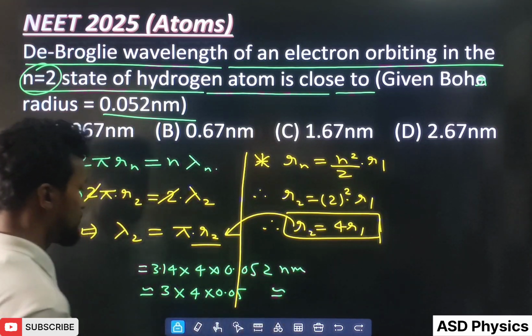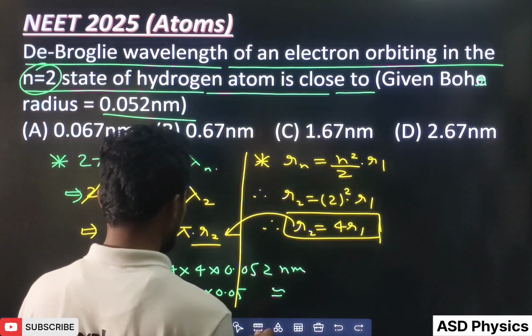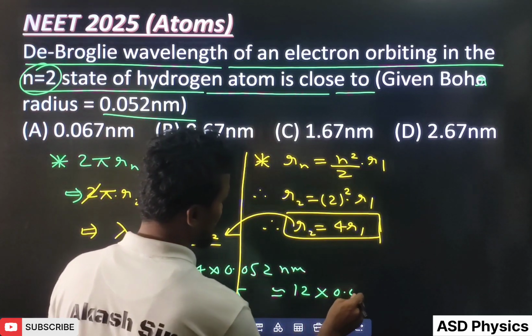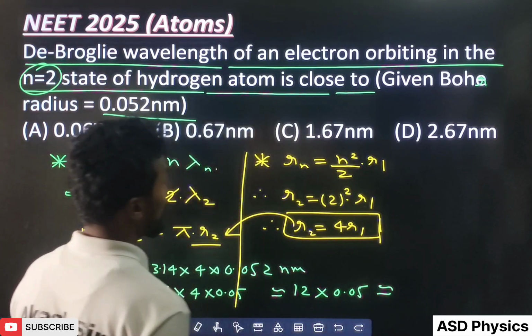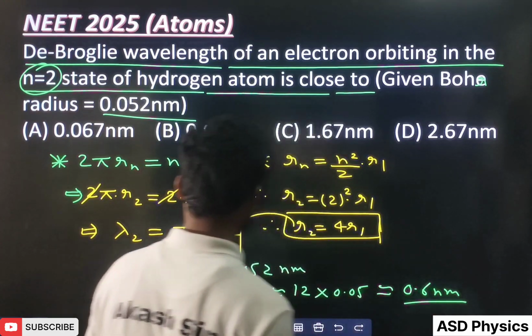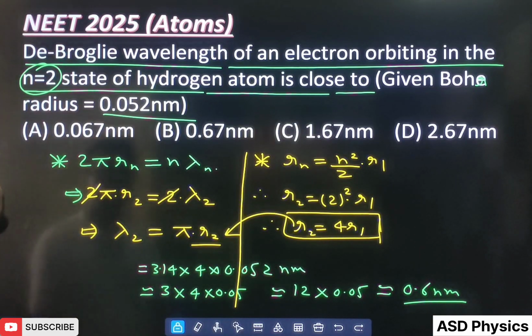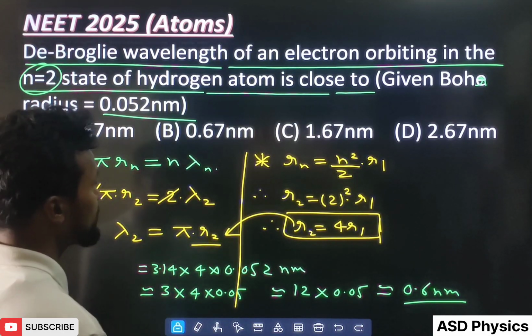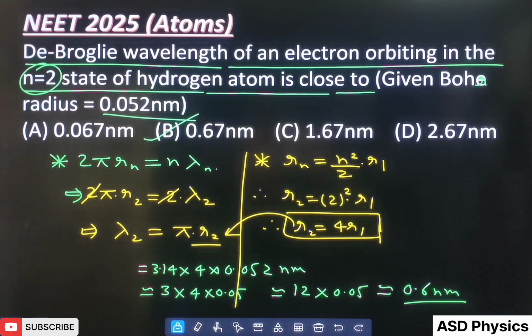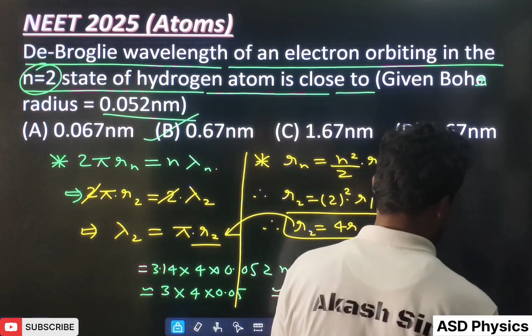Approximately what will come here, students? 3 into 4 is 12, 12 into 0.05, approximately 0.6 nanometer. But I have done the approximation, so if you check 0.6 here, you can see very well the correct option is option B, 0.67 nanometer. We just had to use the de-Broglie hypothesis, that's it.